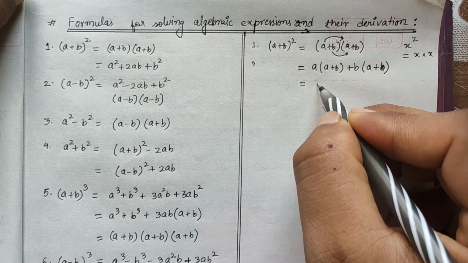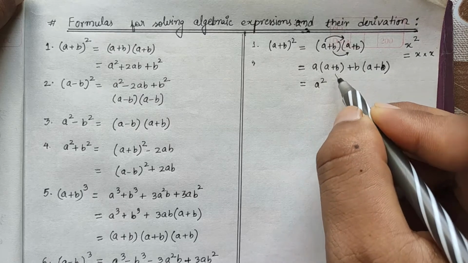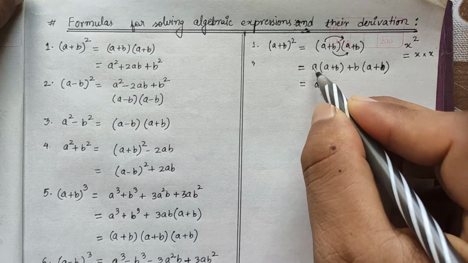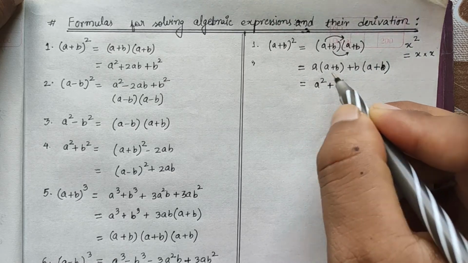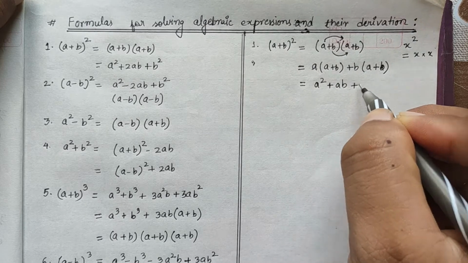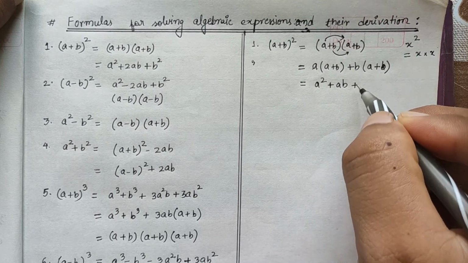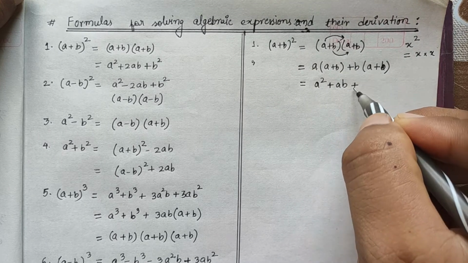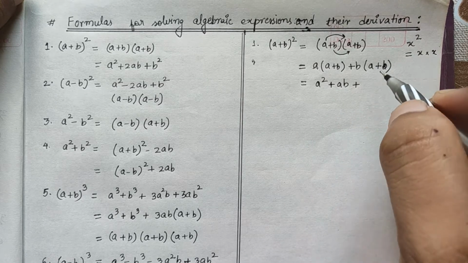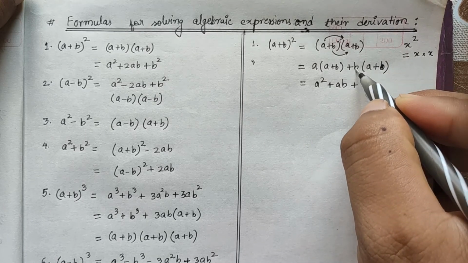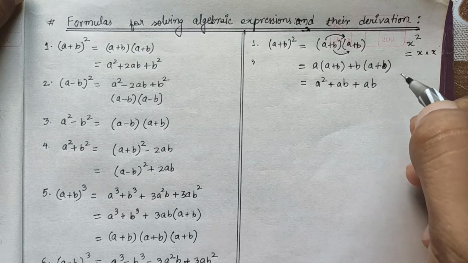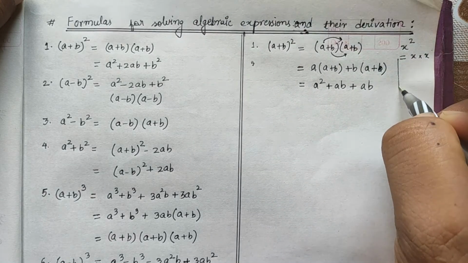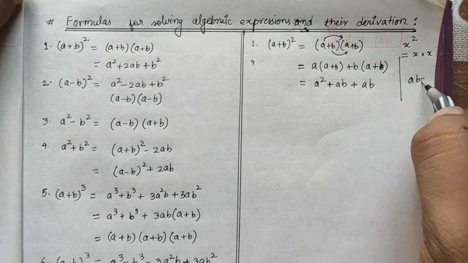So a times a is a square, a times b is plus times plus is plus, ab. Similarly this is plus, this is also plus, so we have to write plus here. Plus times plus is plus, as we have already seen in sign rules. And b times a is ab, because in multiplication we can write ab equal to ba.